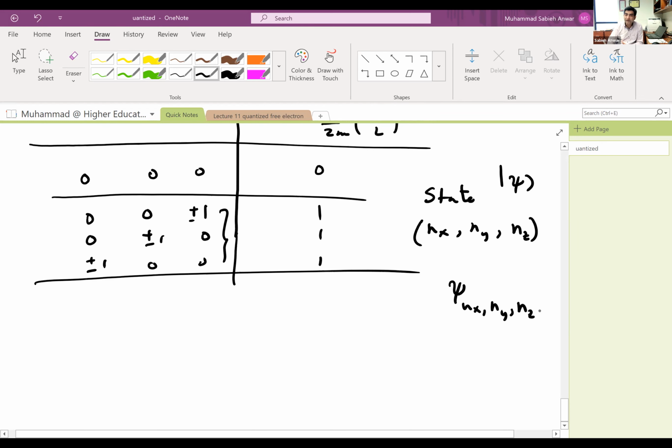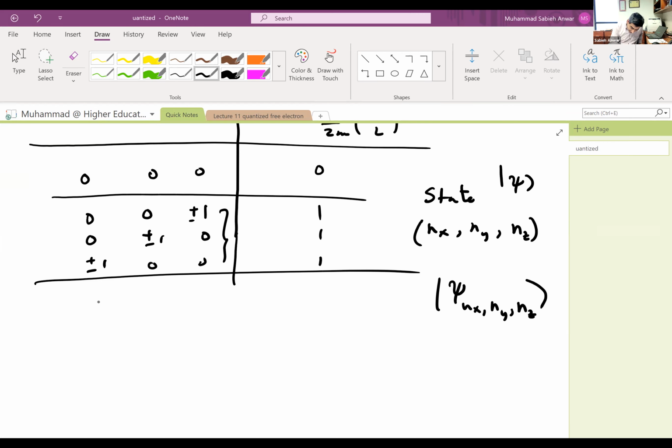By the way, I'm ignoring the spin of the electron. That is another degree of freedom, but I'm only looking at the spatial degrees of freedom, also called the orbital degrees of freedom. So all 6 of these values of the quantum numbers give rise to the same energy. Okay, so this energy is 6-fold degenerate. Energy 0 is non-degenerate.